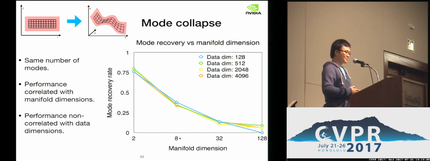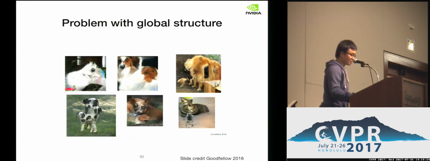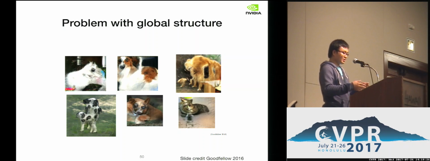We know images live in high-dimensional space, but for different tasks the manifold can have different dimensions. For those tasks, as the manifold dimension gets larger, we will experience difficulty in recovering all the modes. So that was about mode collapse.